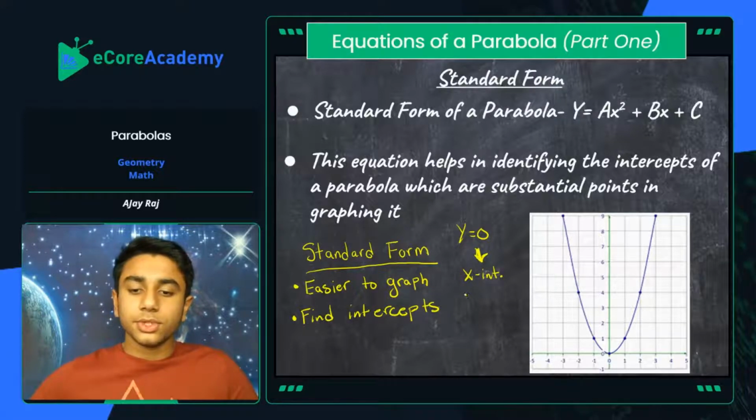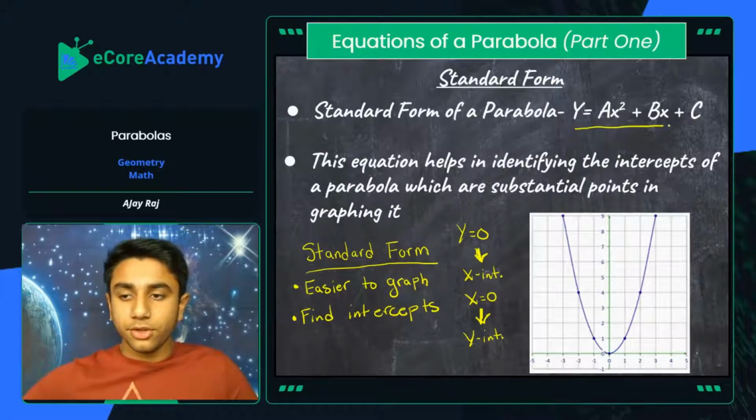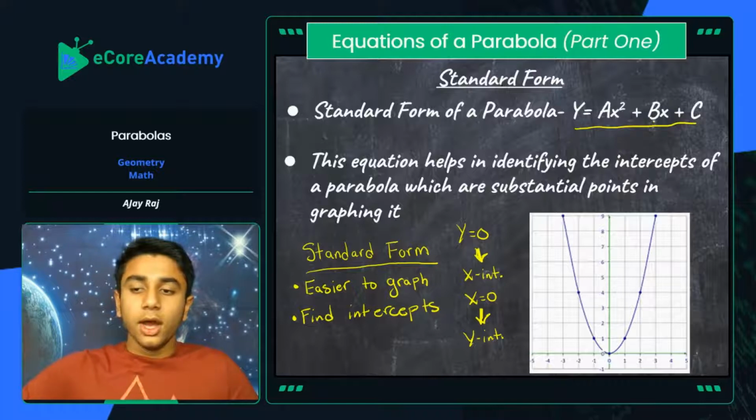And then when x equals 0, you would get your y-intercept. And that comes into this equation right here. You just plug in 0 for each value, and then you solve for what the other given value is.